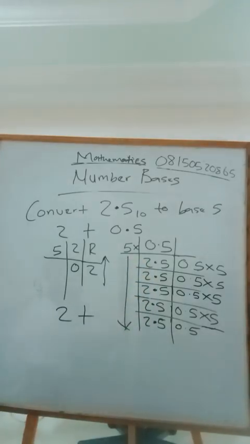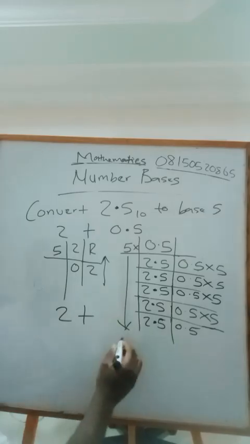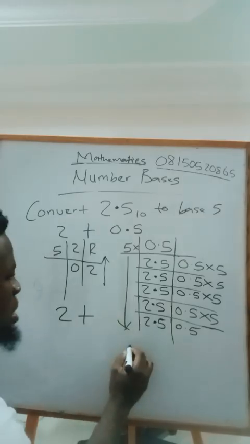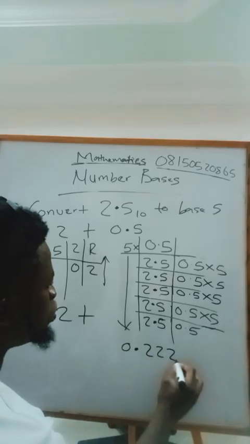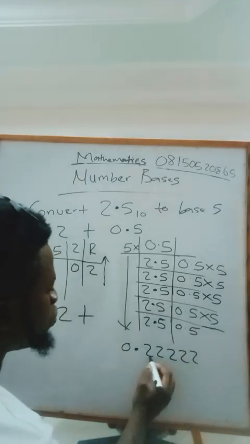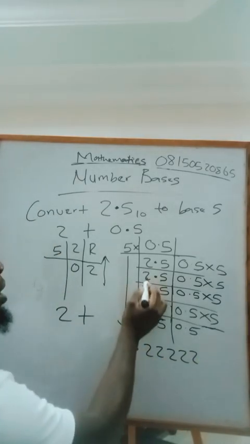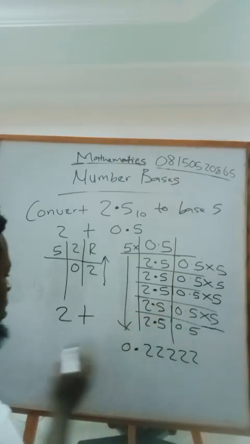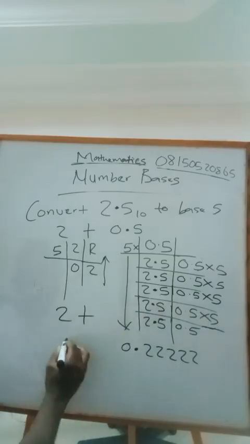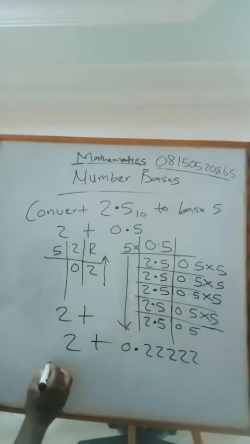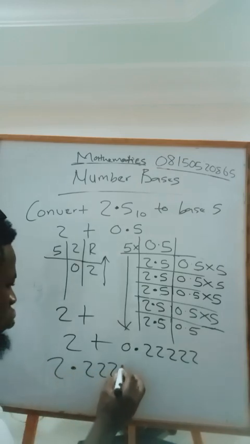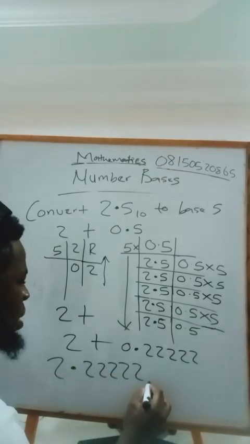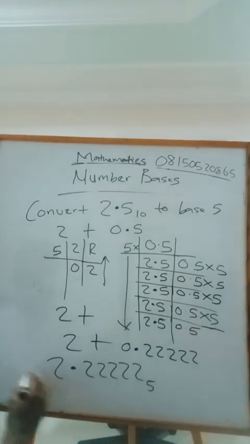So it has to be downward in this case. So that will now give us 0.22222, 1 2 3 4 5. So your final answer will be 2 plus 0.22222, which will give us 2.22222 base 5.